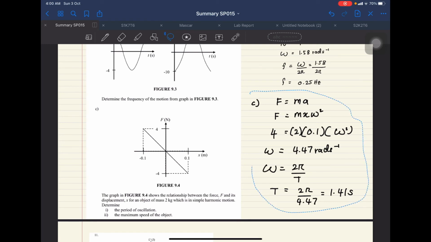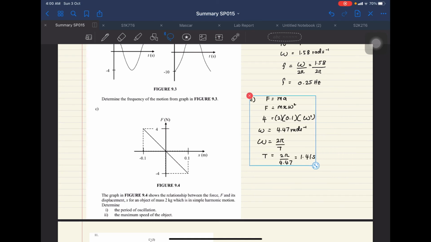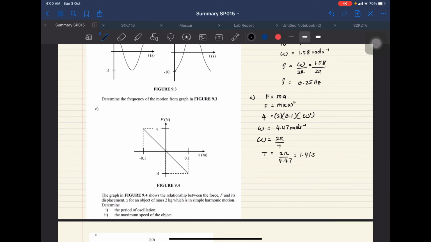You still have another question, which is C number 2, and they ask you to find the maximum speed of the object. You do have the amplitude and the omega, so you can use the formula v equals plus minus omega square root of A squared minus x squared.